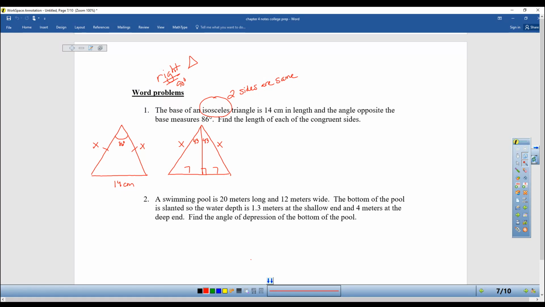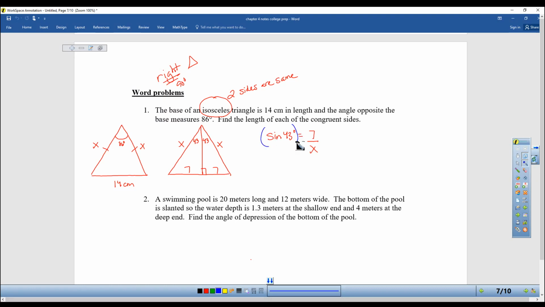So now they only want to know x. So unlike what we were doing before where we had to find all the different pieces, just x. So what is the relationship between the side opposite the 43 and the hypotenuse? It's sine. Sine of 43 is equal to opposite over hypotenuse. Okay, make me happy. Do you know what to do next?